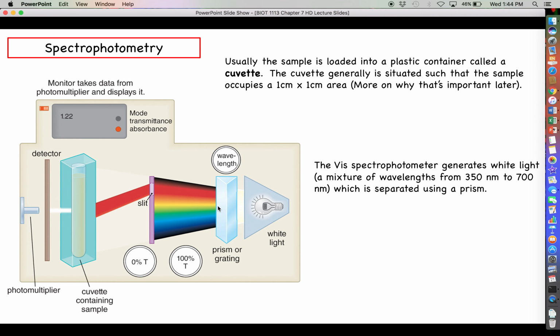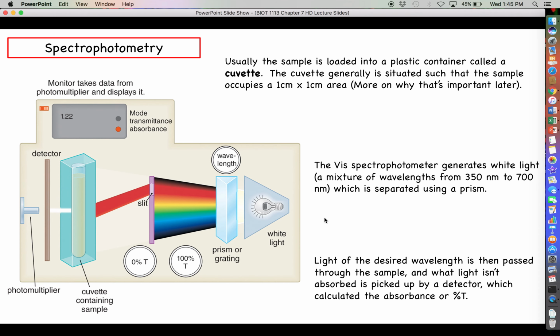So we split the light into all the separate wavelengths, and then depending on which wavelength we want to pass through the sample, the spectrophotometer will adjust a slit such that only light of a particular wavelength gets let through, meaning that all the wavelengths get blocked by this grating here except for the wavelength that we want, which is then what shines through and passes through the sample.